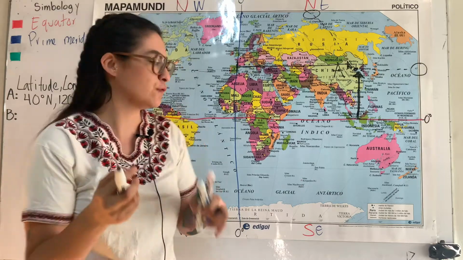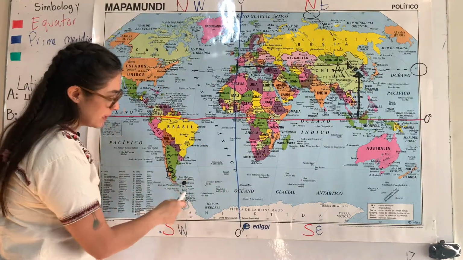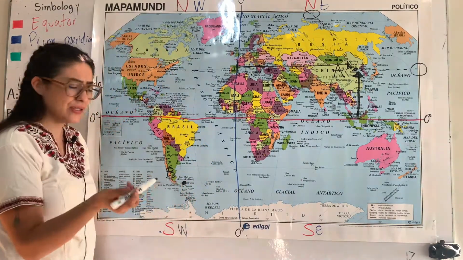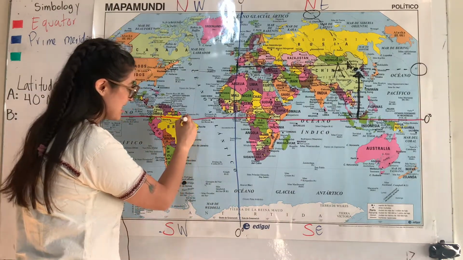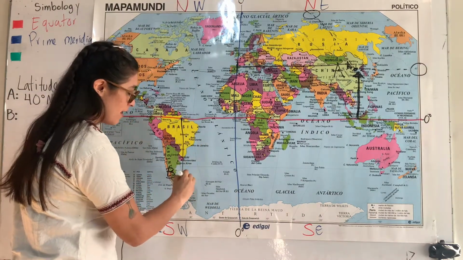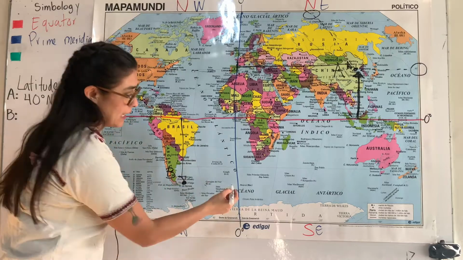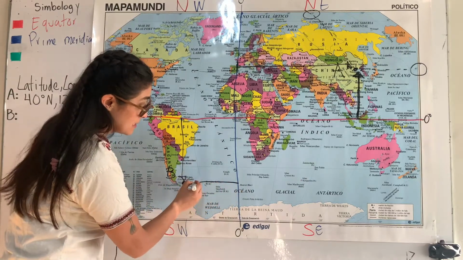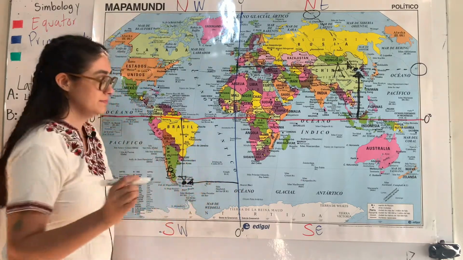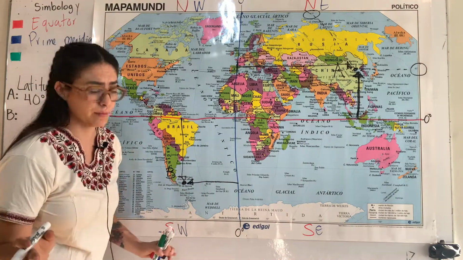It would be difficult to follow. But in this case, this point B that is in the middle, I can do the same. Remember that latitude is the distance between the equator and any point on the planet, and longitude is the distance between the prime meridian and any point of the planet.